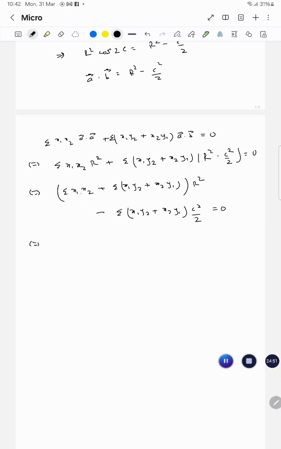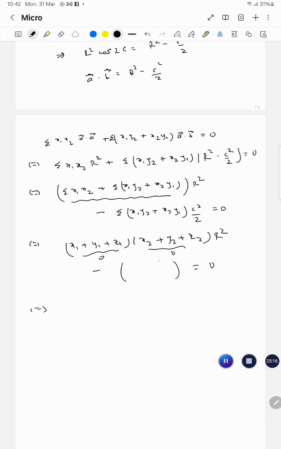This is just the product of x1 plus y1 plus z1 with x2 plus y2 plus z2. This is equal to 0, this is equal to 0.